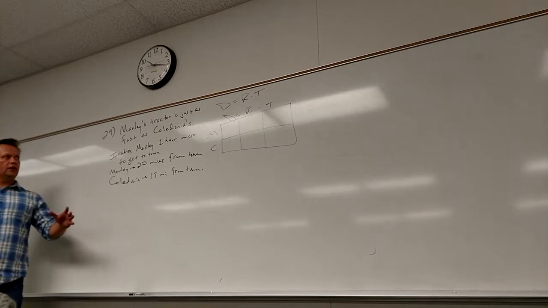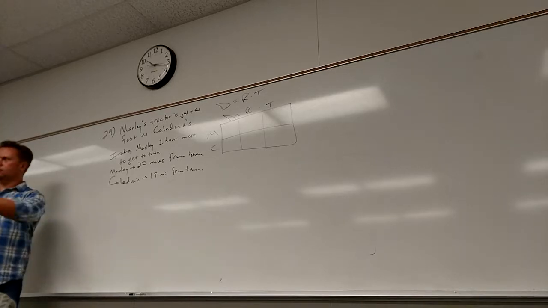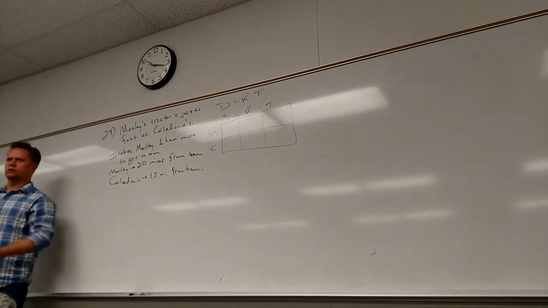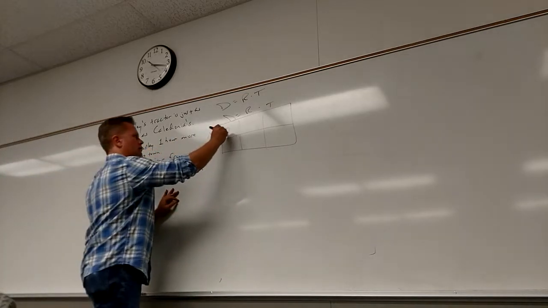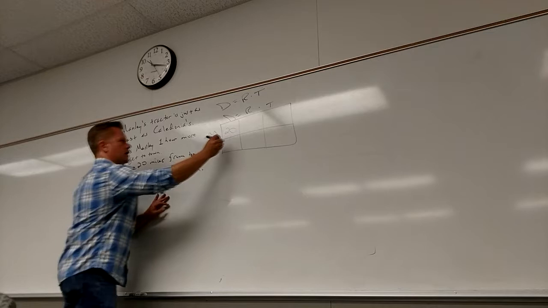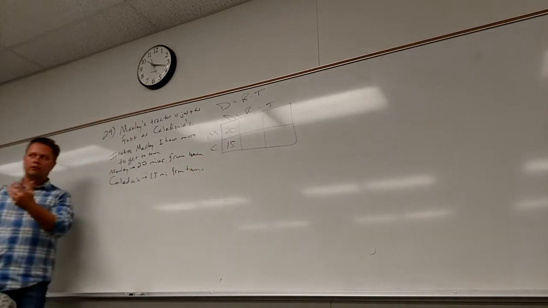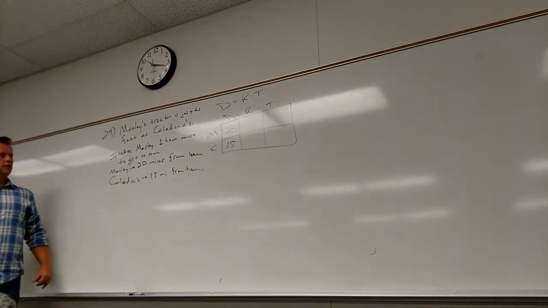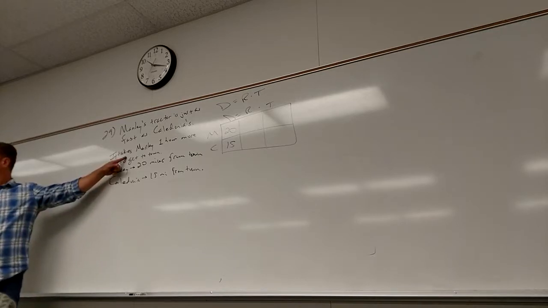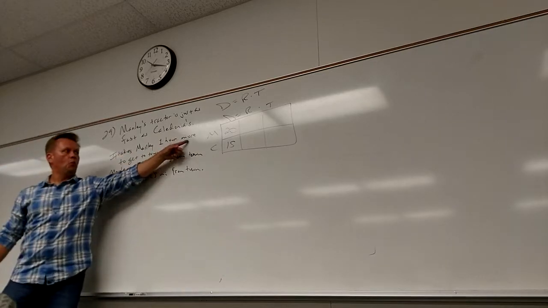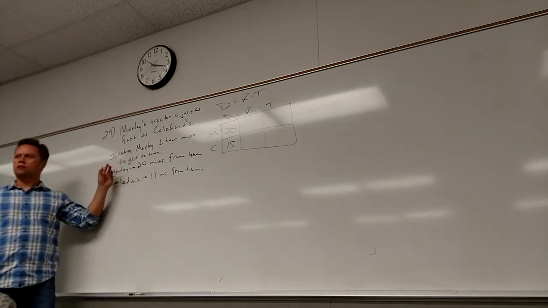What can I fill in there? What do I know just for sure? There's no question, there's no variables. I just know it. Distance, right? Manly is 20 miles from town. Caledonia is 15 miles from town. Now, where does the variable come into play? Time. It takes Manly 1 hour more than Caledonia.